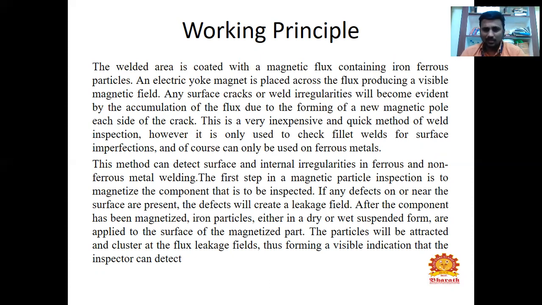After the component has been magnetized, iron particles, either dry or in a wet suspended form, are applied to the surface of the magnetized part. The particles will be attracted and cluster at the flux leakage field, forming a visible indication that the inspector can detect. So that is the very basic principle of the MPI method.